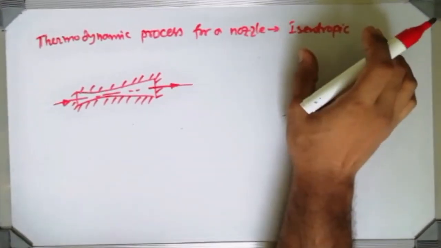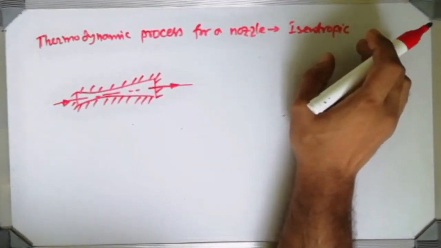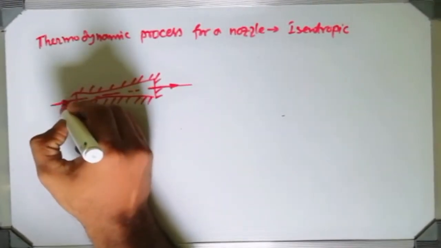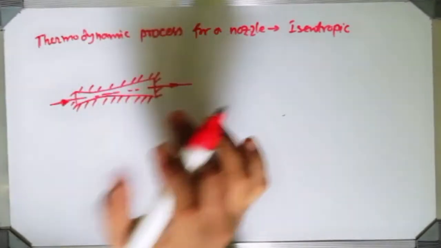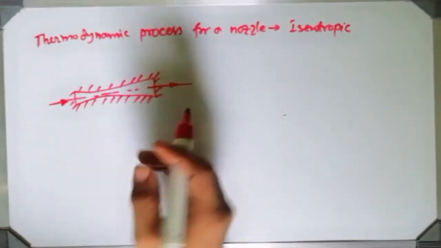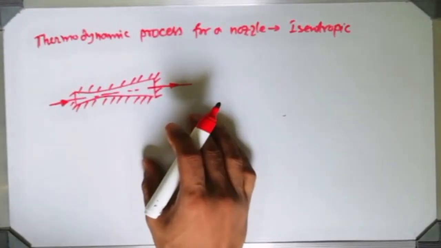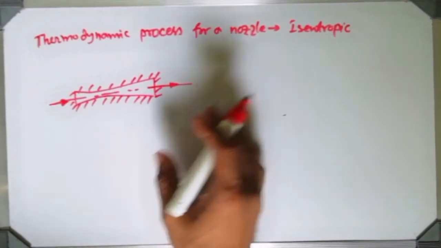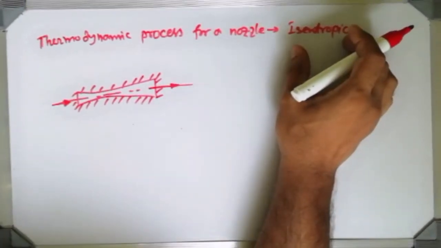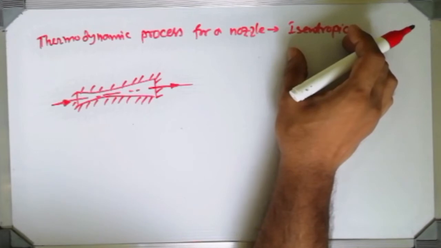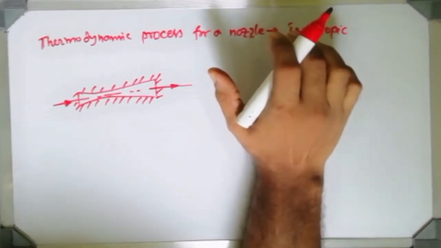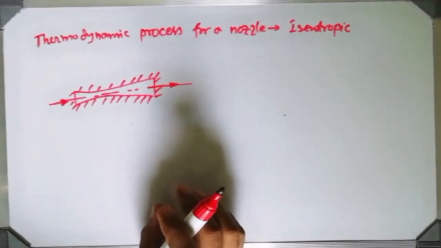It cannot be achieved actually, because heat transfer cannot be stopped by using insulating material. It is not possible at all. But in the ideal case, we consider that as the process by which the expansion of the steam is taking place inside the nozzle.